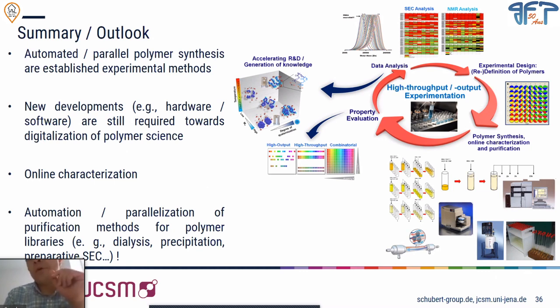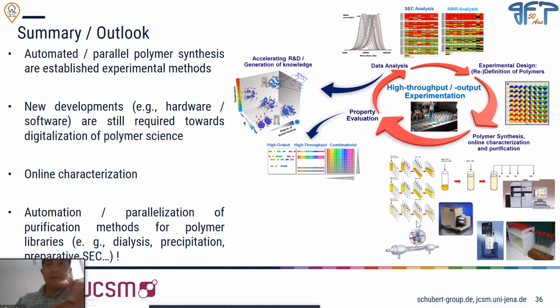Well, once your polymer is pure, you can evaluate it with different properties. You run different applications or methods to evaluate the property. So you make some conclusions or analyze the data. If you are happy with the results, then you finish. If not, you go back again to the next iteration.